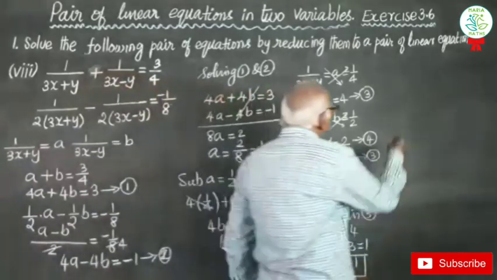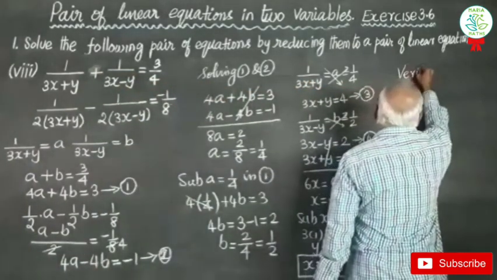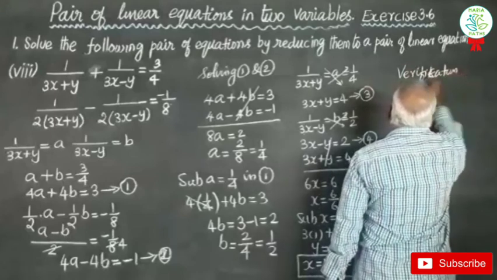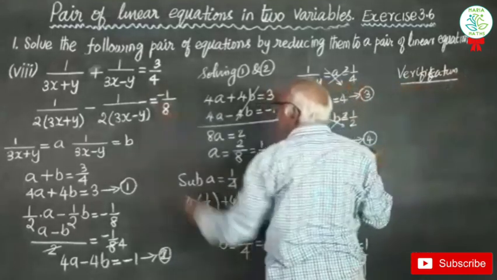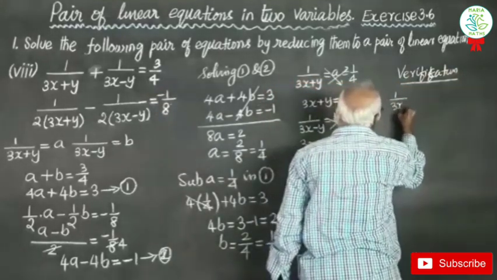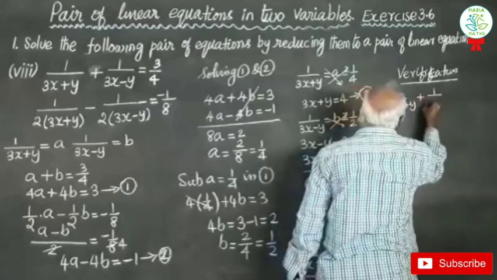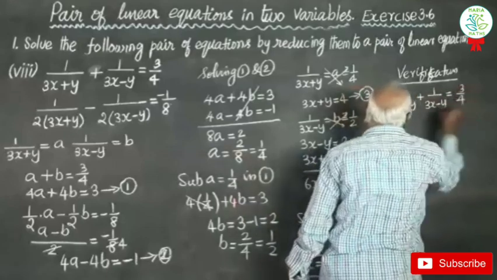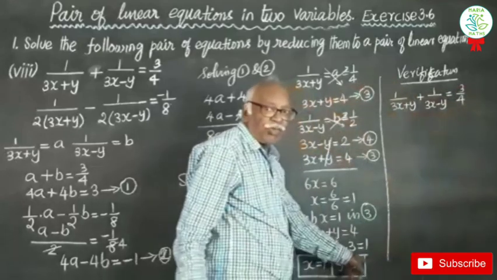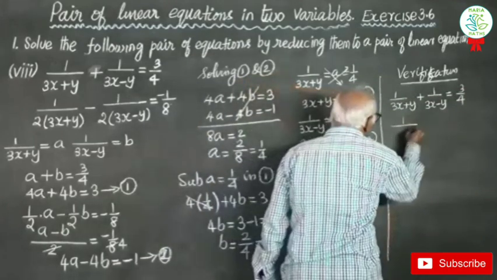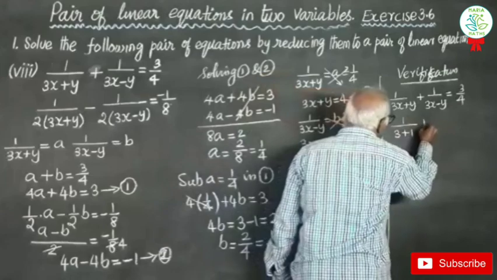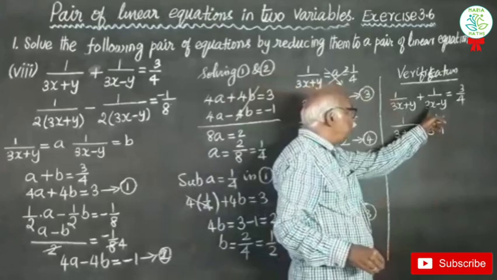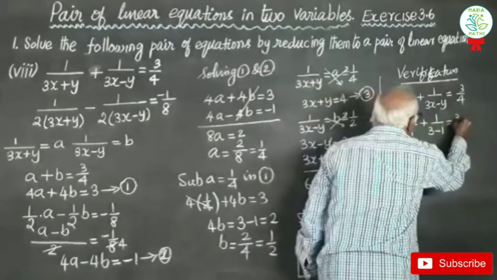Now verification. Take equation 1: 1 by 3x plus y plus 1 by 3x minus y equal to 3 by 4. Both x and y are 1. So 1 by 3 plus 1 plus 1 by 3 minus 1. 3 into 1 is 3, plus 1; 3 into 1 is 3, minus 1, equal to 3 by 4.